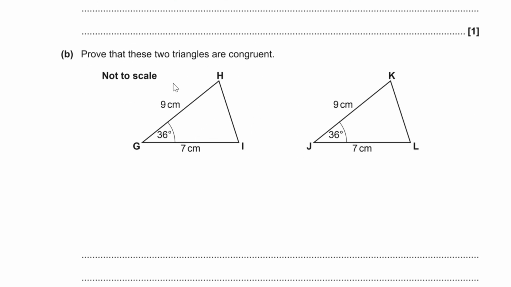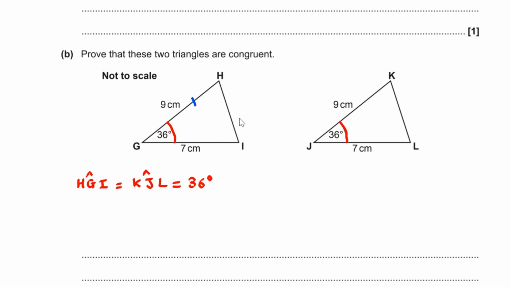And now for part B, we have to prove that these triangles are congruent. Well, what you can first of all see here is this angle is the same as this angle. So you can see that HGI equals KJL, which is 36 degrees.